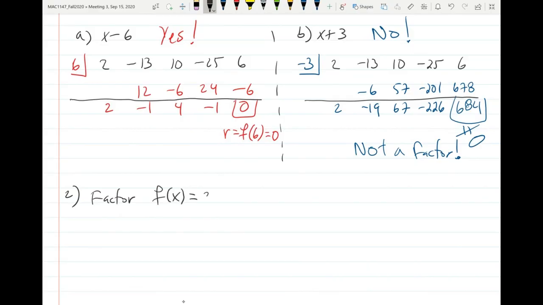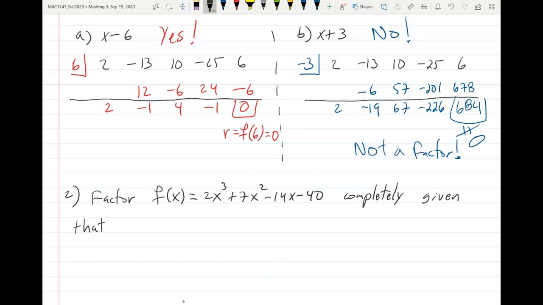So let us factor f of x, and this is so you see what's the dynamics in doing this: 2x cubed plus 7x squared minus 14x minus 40. So let us factor this polynomial completely. At this point, it's still hard for us, but I'm going to give you an extra piece of information. I give you 1 zero, okay?